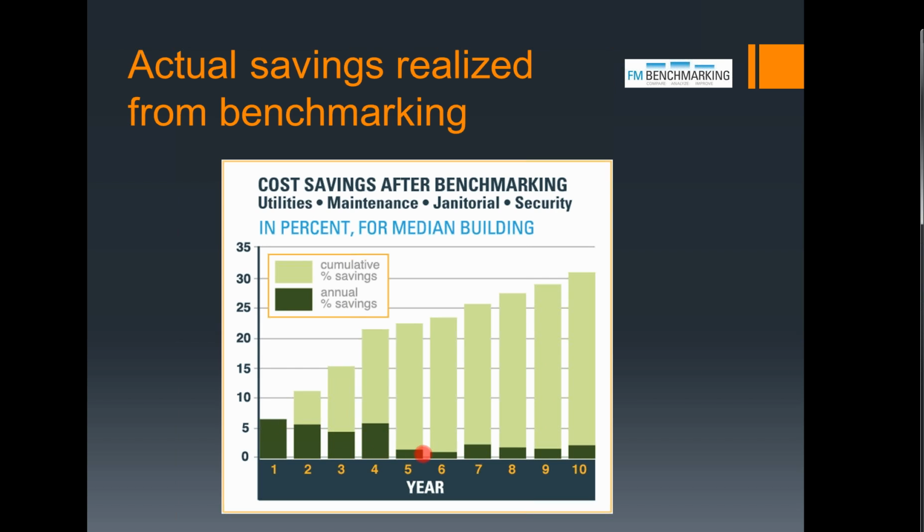So by having this dark green area always be above zero, it means benchmarking is saving some additional money every single year, which cumulatively shows you that there is a big increase over time, as much as 31%. And these are for the median company in this database. Half the companies have done even better.